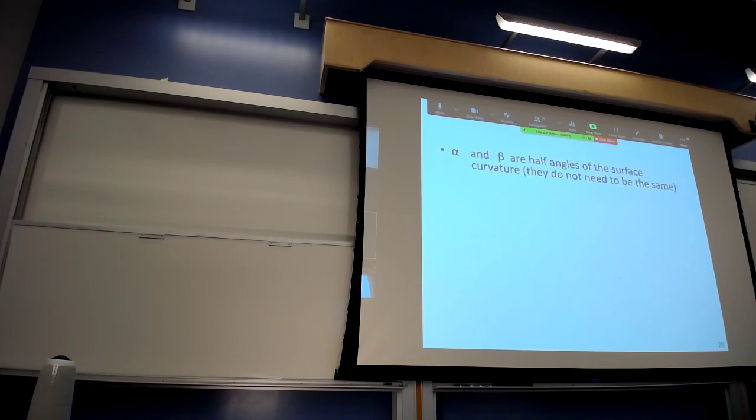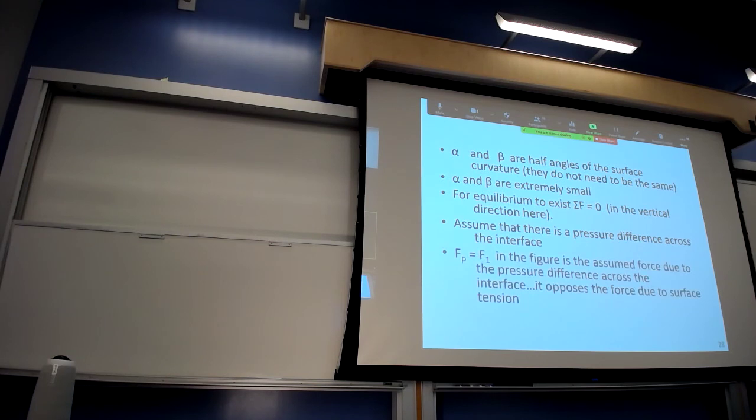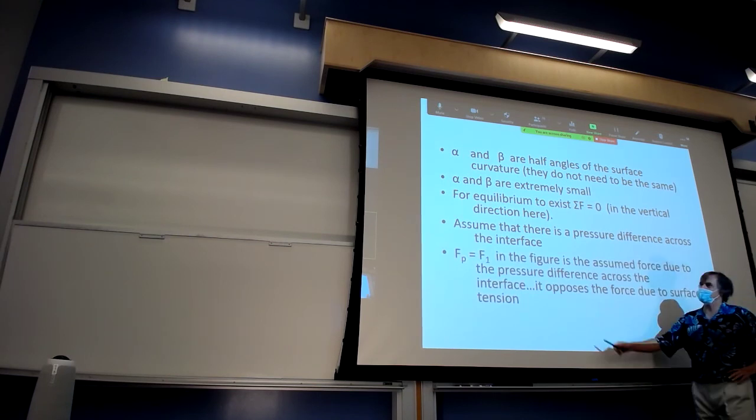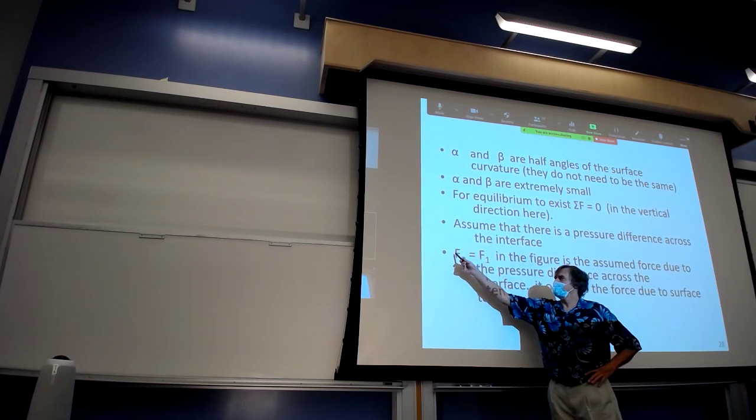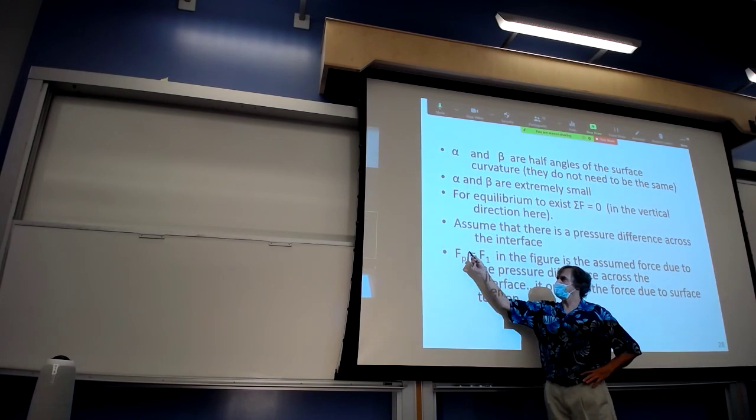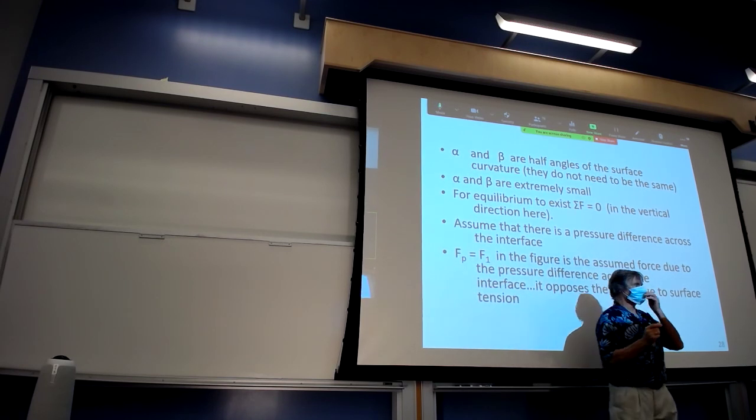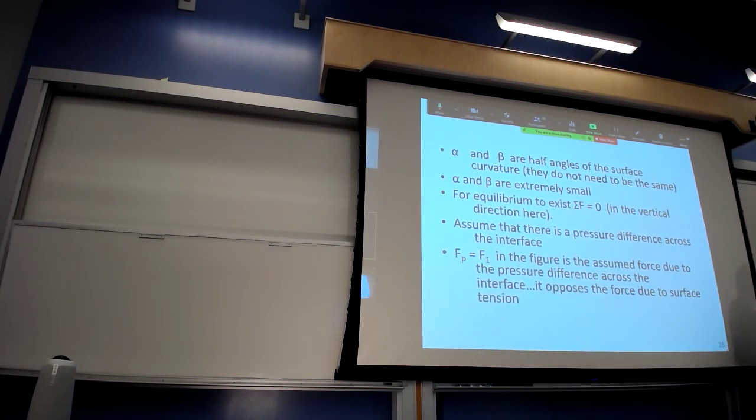So all we're doing is looking at the geometry and assuming that there is a pressure difference across this, and that the change in pressure times the surface area, that's the force here, would be equal to the sum of the surface tension forces, the sigma dx, sigma dy forces that are acting on the edges. And we could be completely wrong.